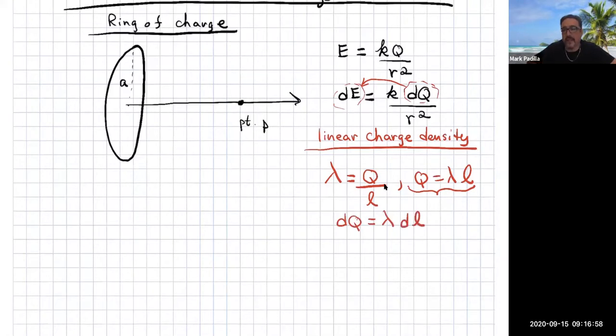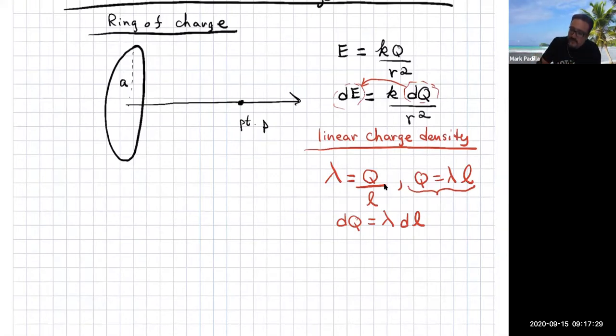So I'm breaking up dQ into lambda times dL. So there's a differential length involved, and that differential length is infinitesimally small. And this is where integration becomes very important. Because if you have a dL, guess what you can do with integration? You sum up all the dLs. All right.